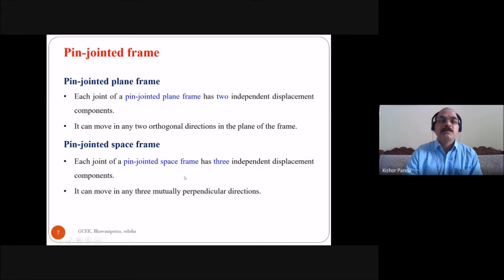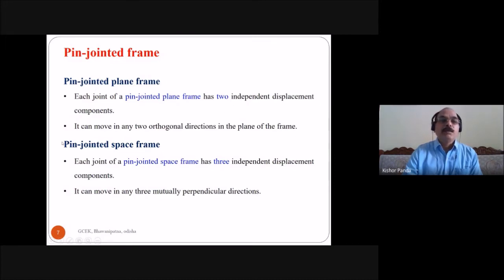In the case of a pin jointed space frame, it can move in any three mutually perpendicular directions. In the case of a pin jointed plane frame, at each joint there are two independent displacement components. So you have to take the total number of displacements equal to 2j in the case of a pin jointed plane frame.